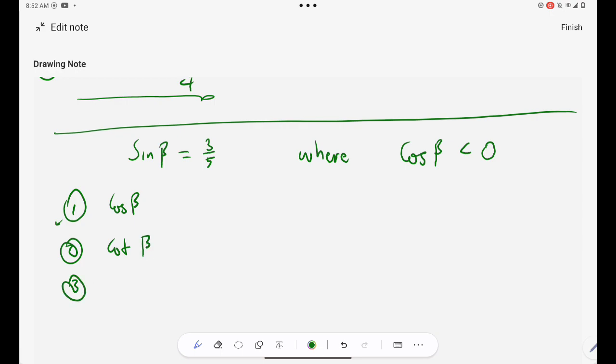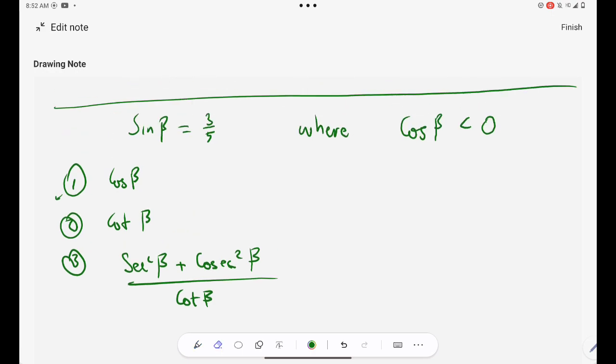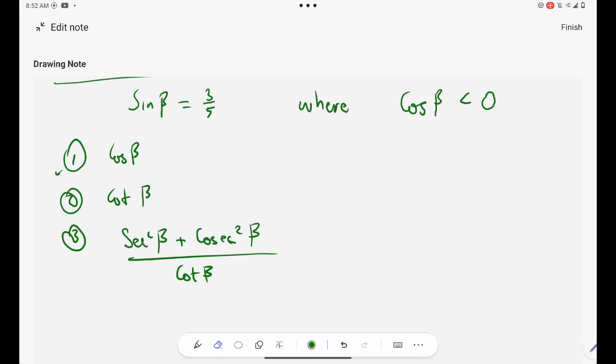Number three, sec squared beta plus cosec squared beta all over cot. Now let's just do these three.